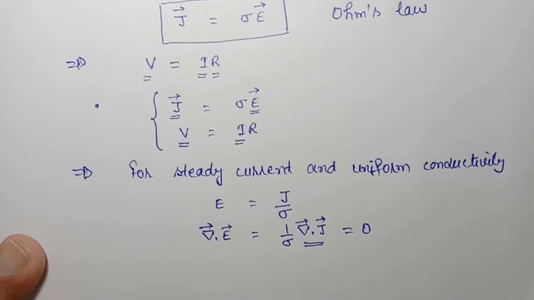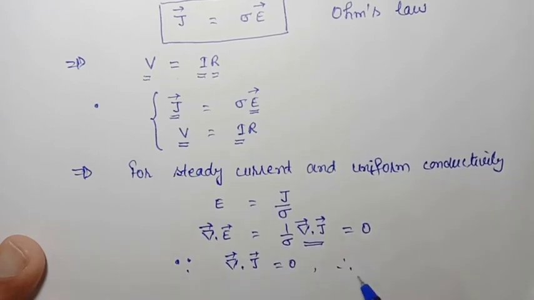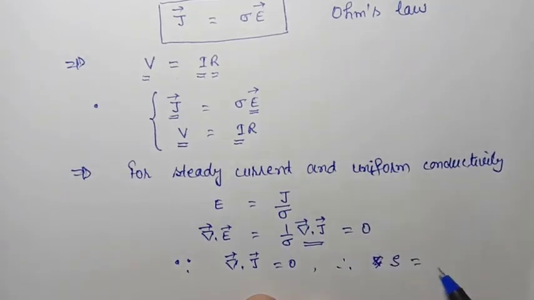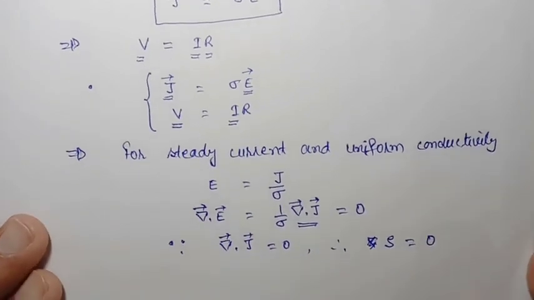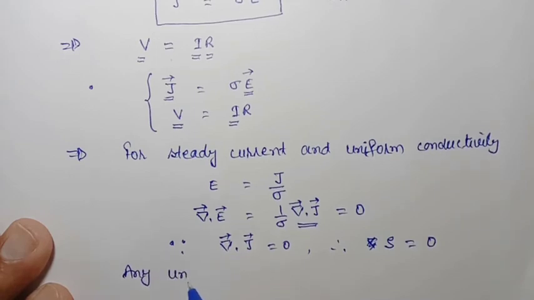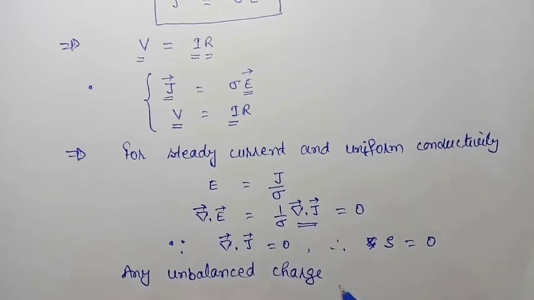It means charge density rho is equals to 0, because del dot J is equals to 0. Therefore charge density, that is rho, is equals to 0. It means any unbalanced charge resides on the surface.